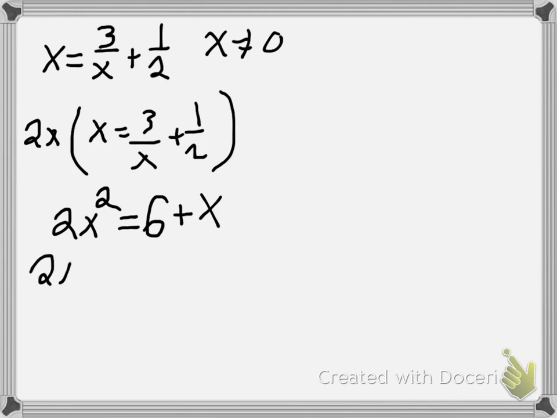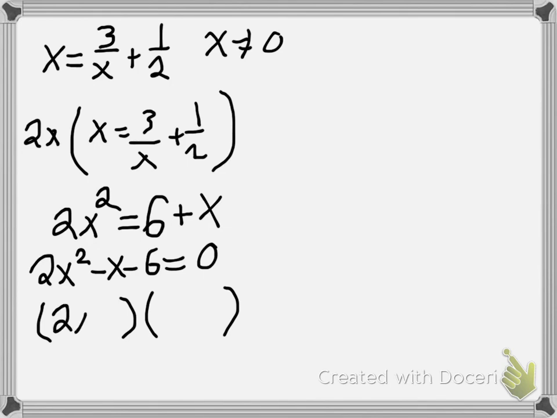So I've got 2x squared minus x minus 6 equals 0. And I know that some of you are having problems with factoring. I don't know what to tell you. If I could pull you in for flex or something like that, I'd be more than happy to do so, but that's kind of hard to do. So this is going to be 2, this is going to be 3. So this is going to be negative, this is going to be a positive.